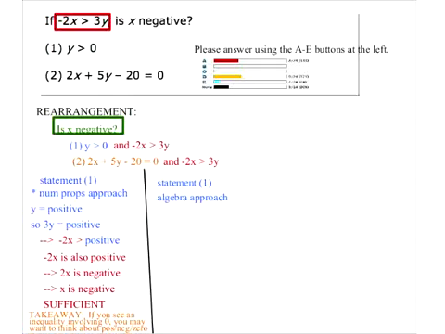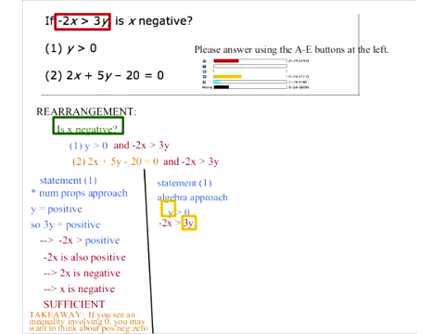The rule is if you have 2 inequalities, then you can add them if they have the same inequality sign, the same alligator, so to speak. So you can add these together, but the deal is that we want to try to make these equal so that they can cancel out, this y and this 3y. Because then we can add those together and get the y to go away.